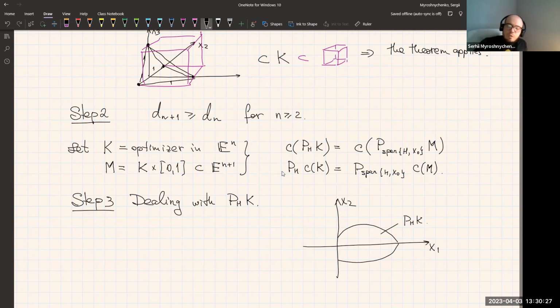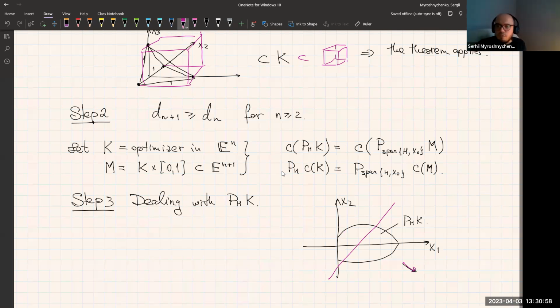For this two-dimensional region, for any fixed direction in that plane, I can always find a line that splits the area of my projection into two equal pieces. For a given direction, I find the line perpendicular to it such that the area of this piece is equal to the area of this piece.